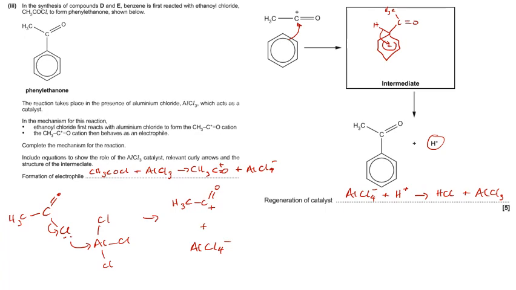Just to let you know where the 5 marks came from, see how the question is a 5 marker. We get 1 mark for this equation, 1 mark for the curly arrow, another mark for this curly arrow, another mark for the intermediate drawn out correctly, that's 4, and the last mark for the regeneration of the catalyst there.